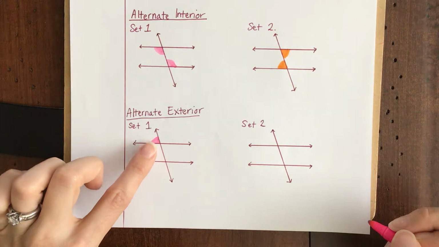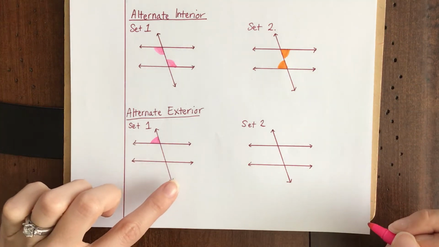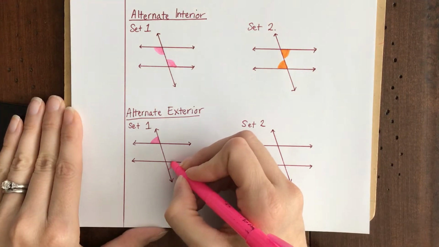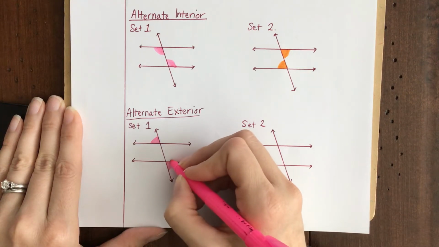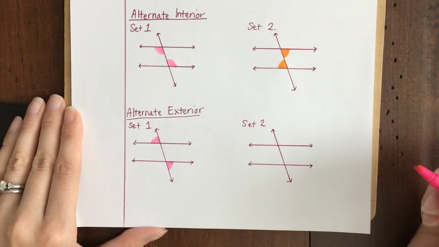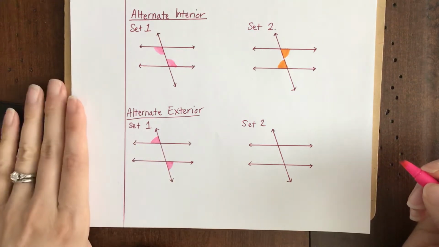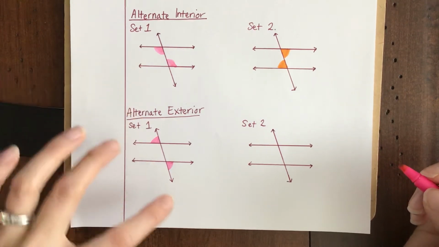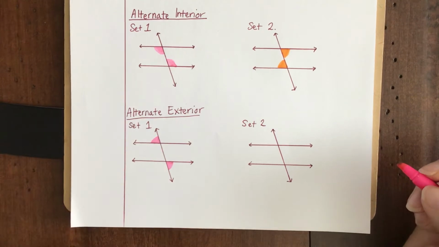So we want the angle that's on the other side of the transversal, that's an exterior angle, and that is going to be this angle right here. If it helps you, think it alternates the transversal side. So it's on the exterior, and it's basically opposite angles across there.